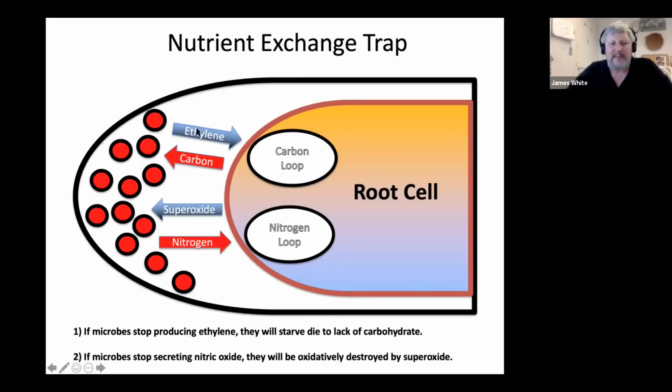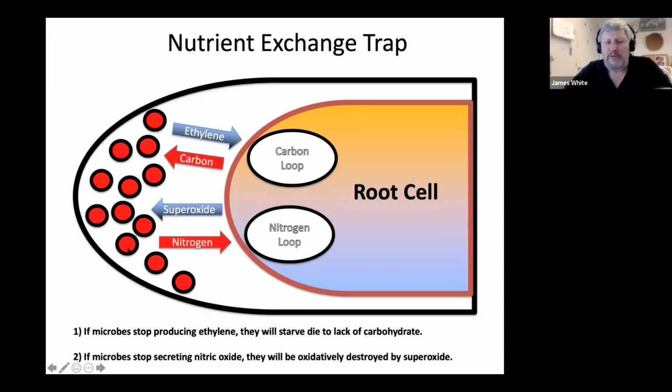So they can't stop that ethylene secretion. In terms of nitrogen, if they stop secreting nitric oxide, the superoxide will damage them. That will oxidize the cells, and then they will break down. So they have to keep secreting this nitric oxide in order to counteract plant-produced superoxide.